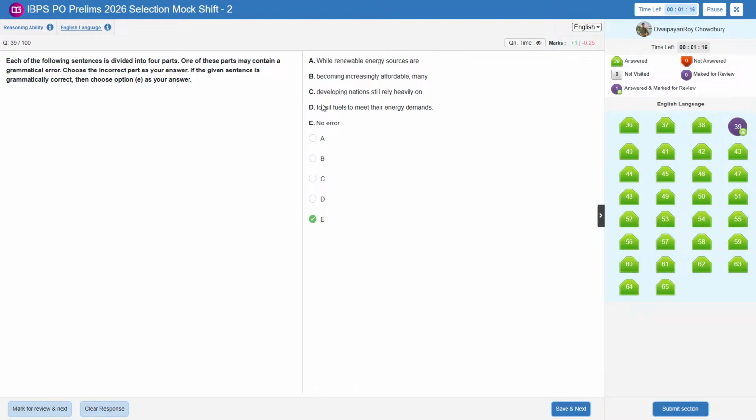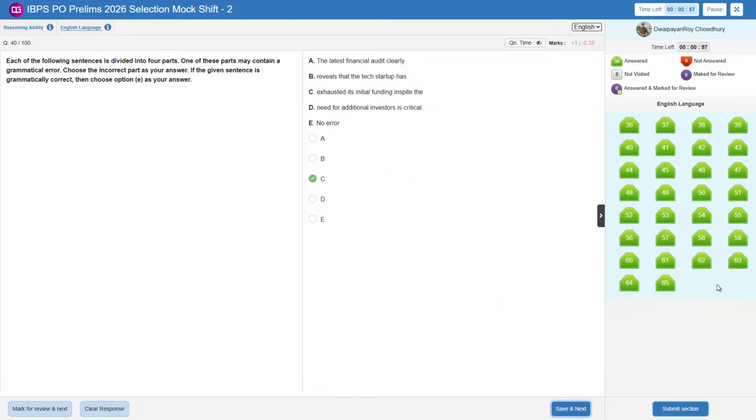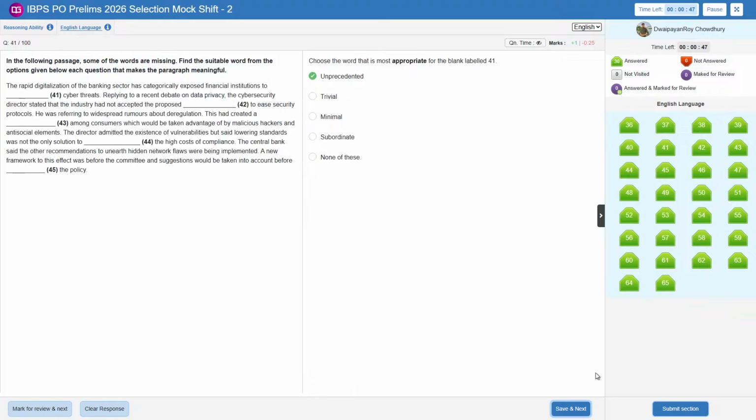But now I am having doubt about D. Fossil fuel, still develop on sources, so fuels. There's not just petroleum, there is coal, there are some other things also, for sure. It's okay. Just save it then. Okay, so let's skip this section now.